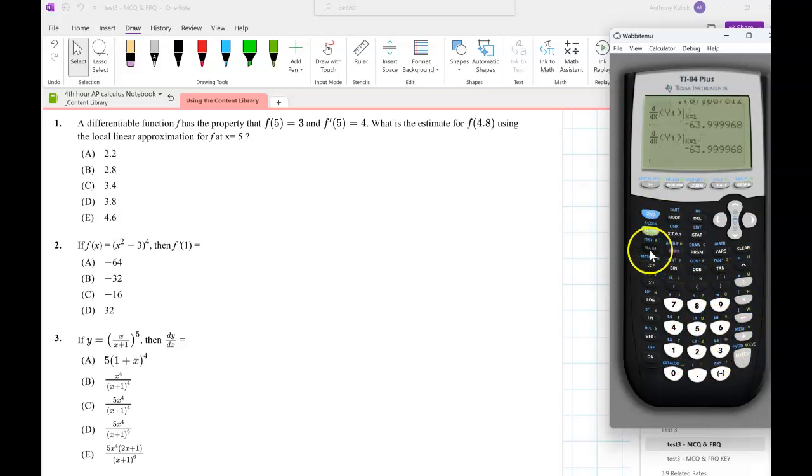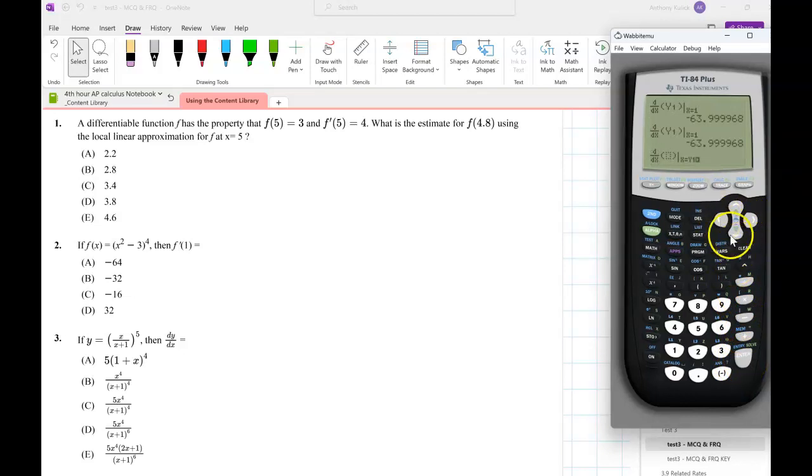And if we go math, derivative with respect to x of y1. The function y1 at, say, 2, doesn't really matter. I get this number.